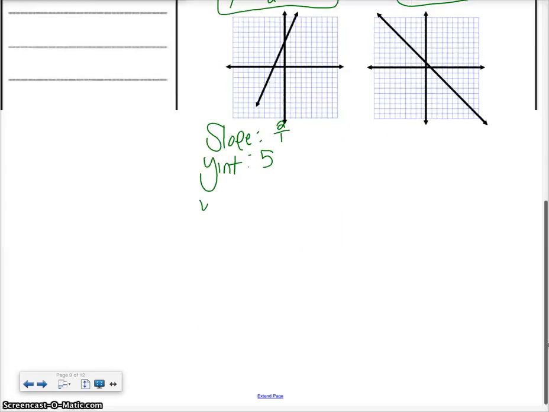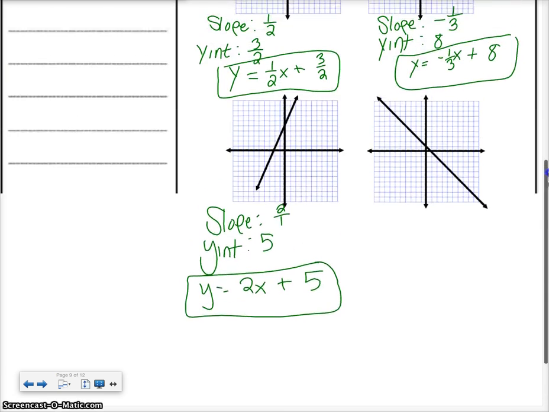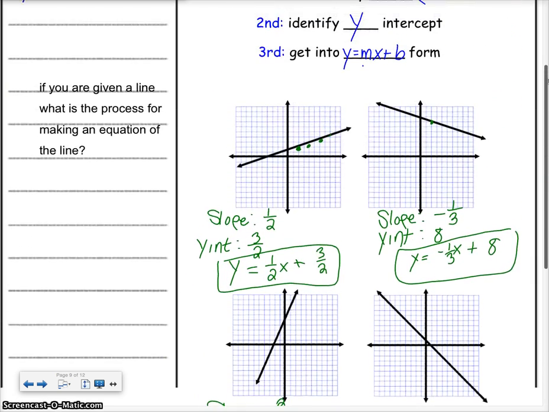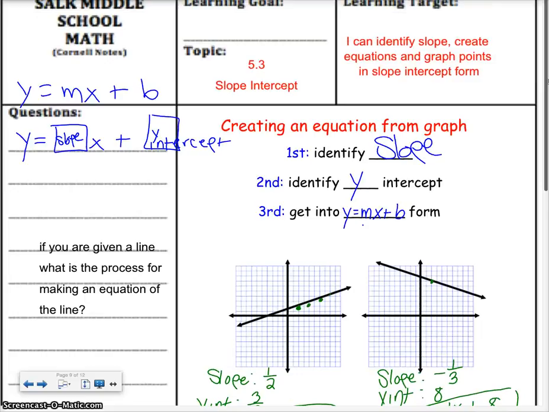So then y equals your slope, 2 over 1, I'm just going to write 2, times x plus my y-intercept, 5. If you ever wonder how do you keep doing that so fast? Again, you have this line structure that you can do. It's always y equals the slope times x plus the y-intercept.